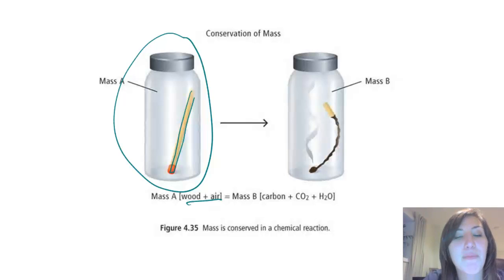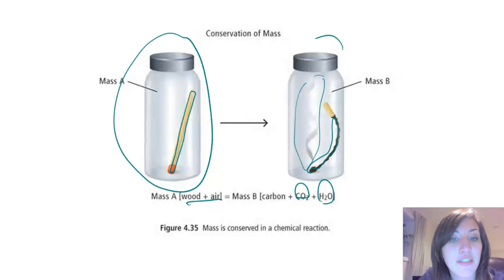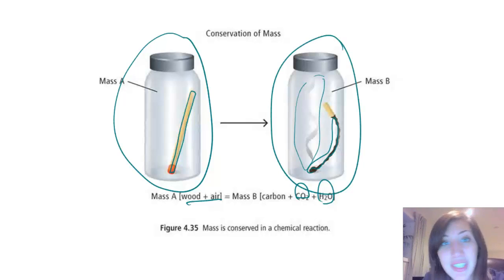And then they burnt the match, and they found that the gas, the carbon gas, CO2, the carbon soot on the match, as well as some water that was formed, that the mass inside this jar after the burning of the match, it was the same mass. So that was an experiment that led them to believe that mass didn't change.